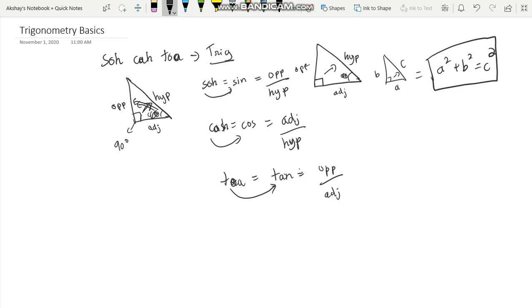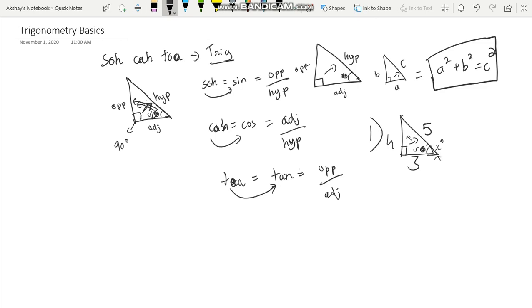Let's get into a few quick problems. So we are given a triangle with all three sides: our hypotenuse, our adjacent, and our opposite to our theta. And they're asking us to find our theta right here, or x degrees.